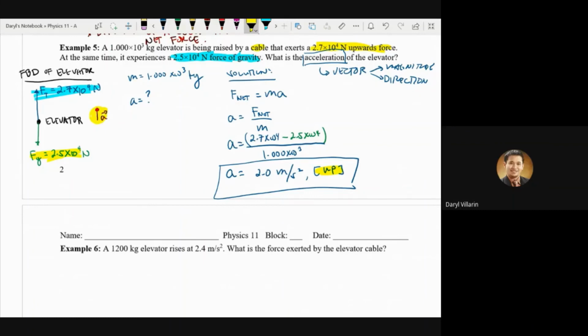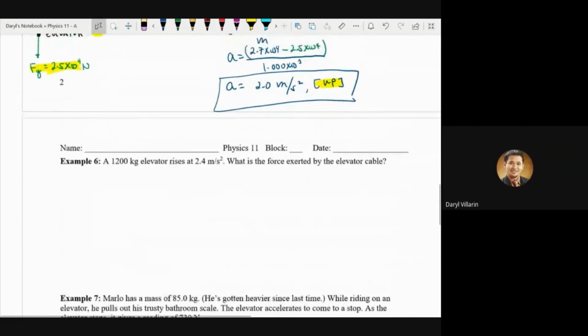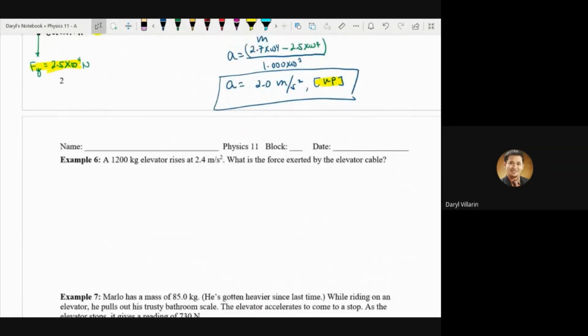Okay. Well, example number 6. Let's take example number 6. A 1,200 kilogram elevator rises at 2.4 meters per second. What is the force exerted by the elevator?